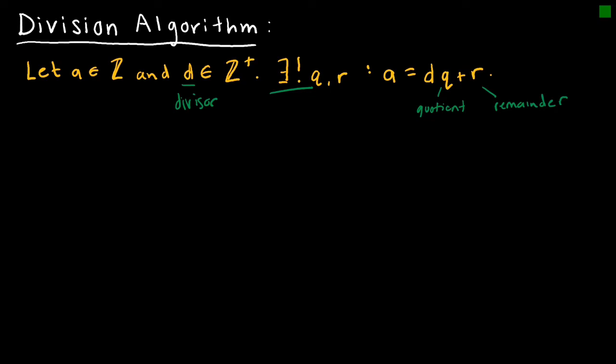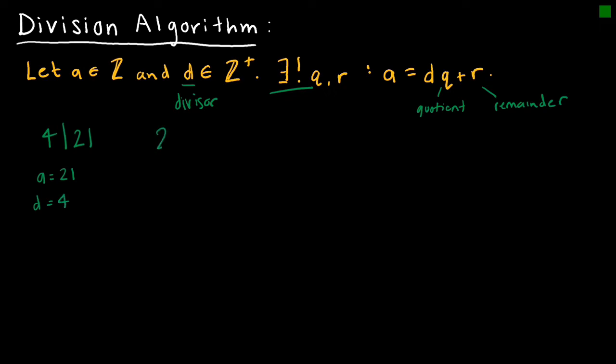So for instance, let's say I want, does 4 divide 21? And I want to figure out the quotient, remainder, etc. So in this case, A would be 21 and D would be 4.